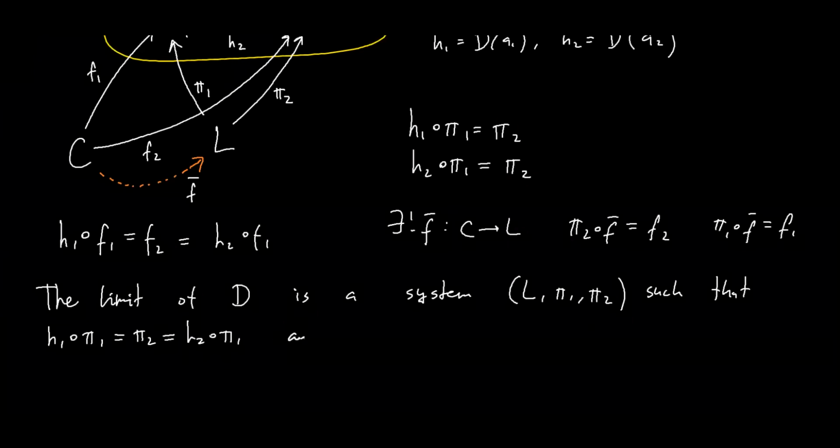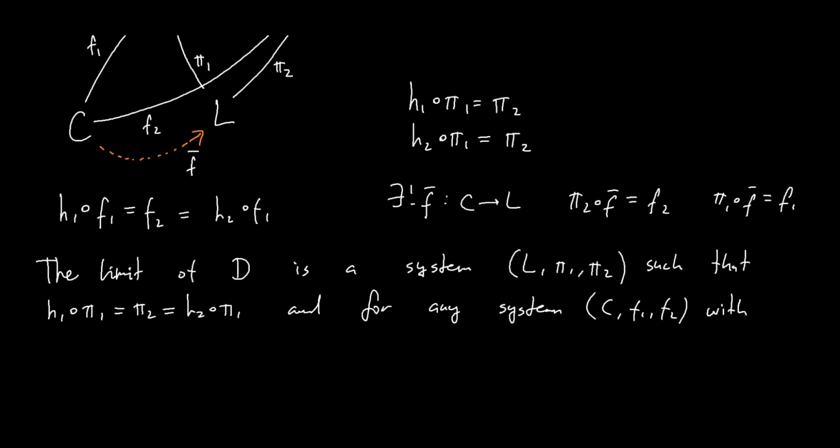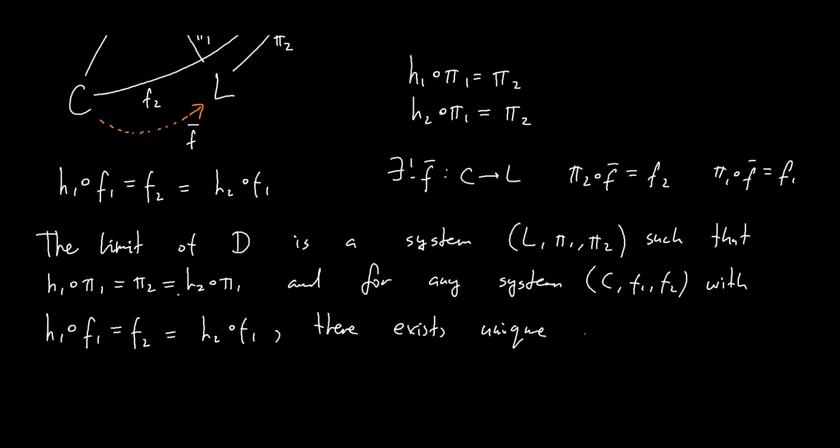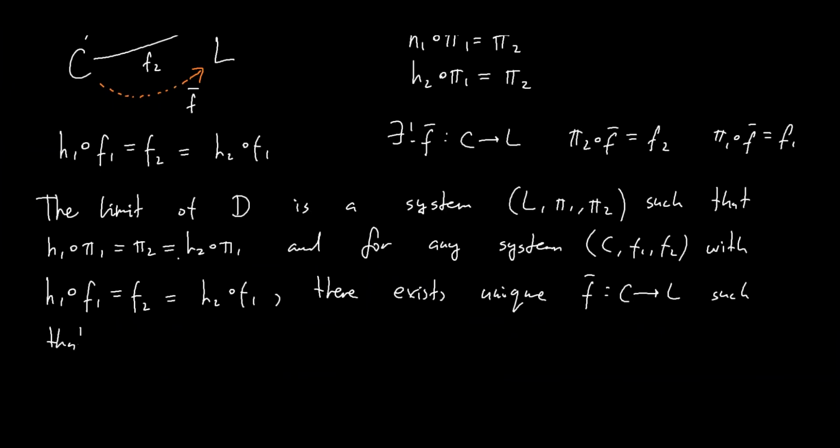And for any system C, F1, F2, with similar equations being satisfied, there exists a unique morphism F bar from C to L, such that these composites are equal. So it's quite a mouthful, the definition.